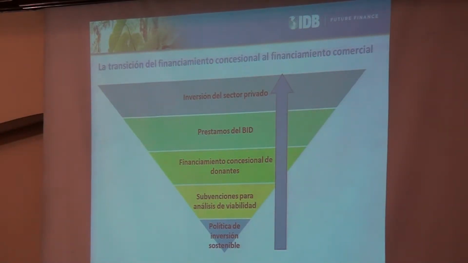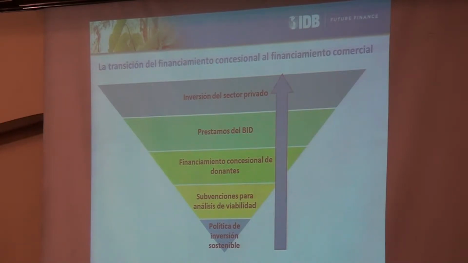So this slide is how we view the development of innovative technologies and businesses. An innovative technology might start on the bottom of the pyramid, where it's not eligible for commercial financing. The most appropriate way to support this sort of technology or business would be through government policy or grants.